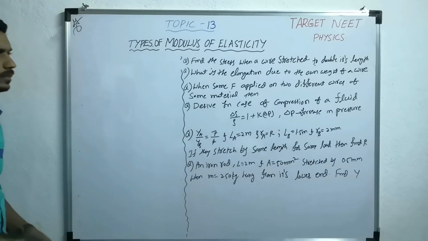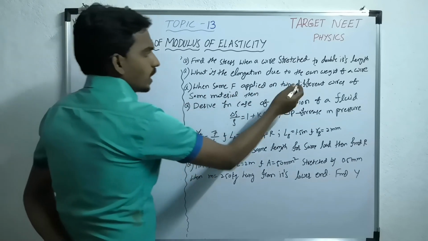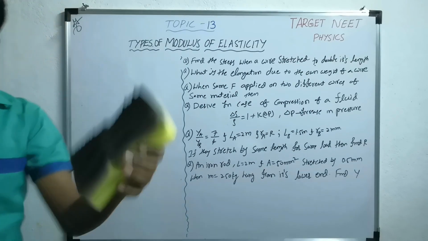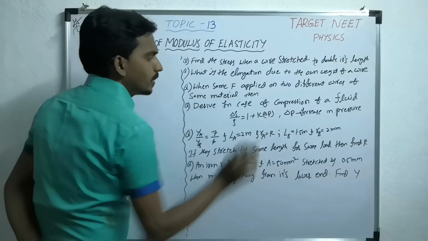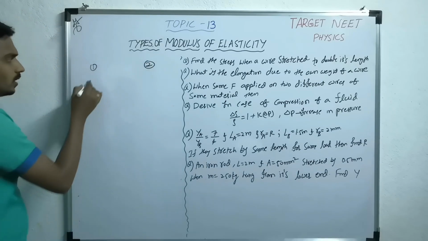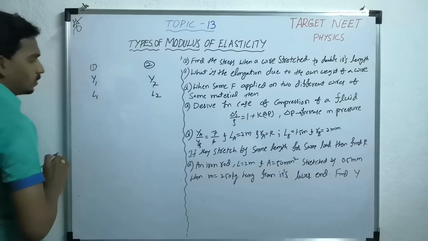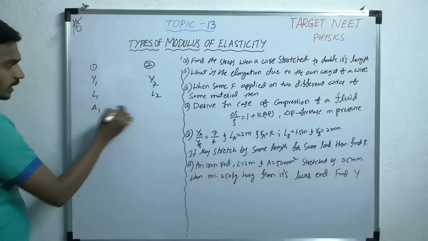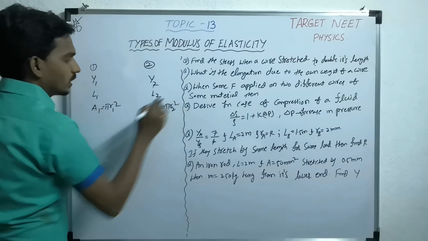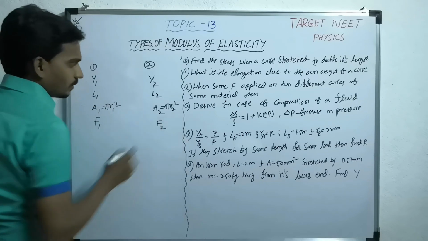Now similarly, when the same force is applied on two different wires of same material, let's take two different wires, wire 1 and 2. Now Y1, Y2, and the lengths are L1, L2, and areas A1, A2, nothing but pi R1 square, pi R2 square. So here force applied F1 and here F2.